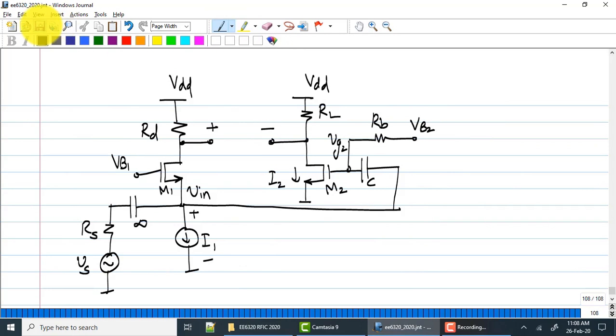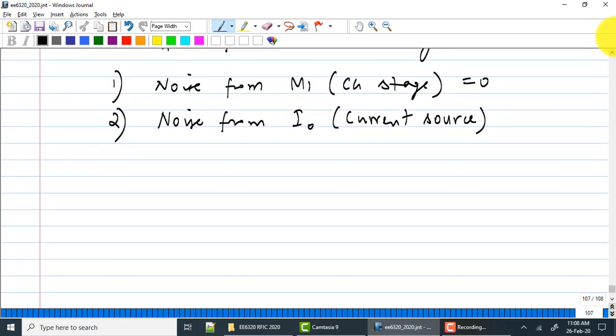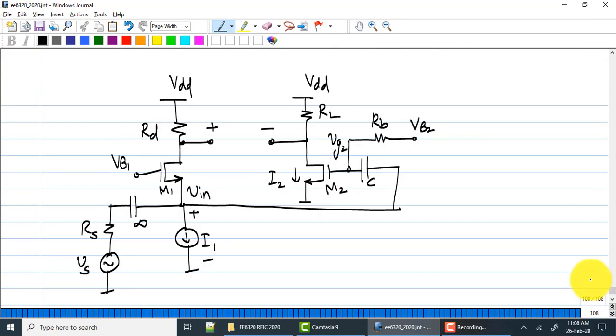So what we'll do, we'll write the simple expression. We will assume that current source is ideal for now. There is a reason for that, because otherwise, remember that there is a bias current I2 inside M2. Where does that come from? It comes from a current mirror, right? That will produce noise.